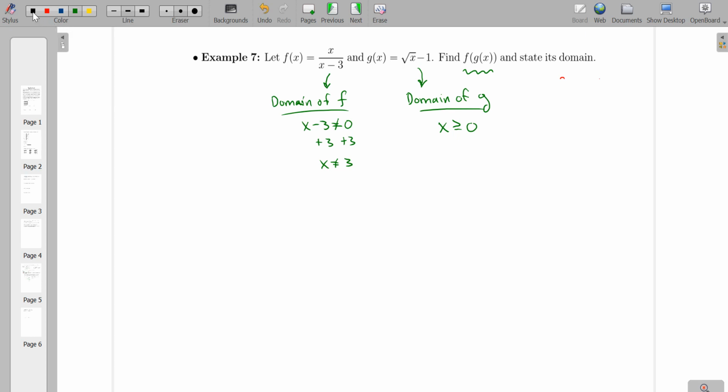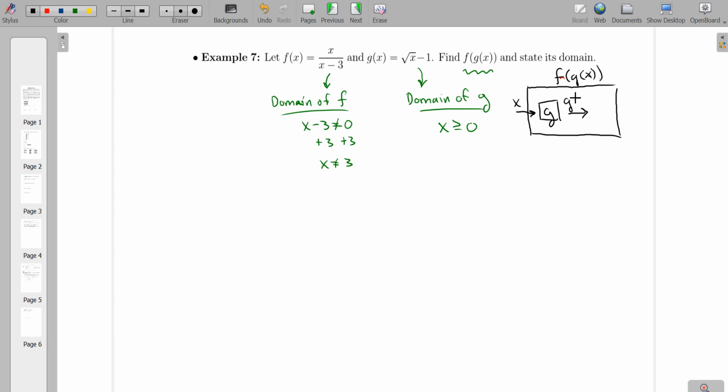So at this stage, what's important is to remember our diagram of what it looks like to take f of g of x. Since g of x is the inner function, that means we're sending x values into g first.